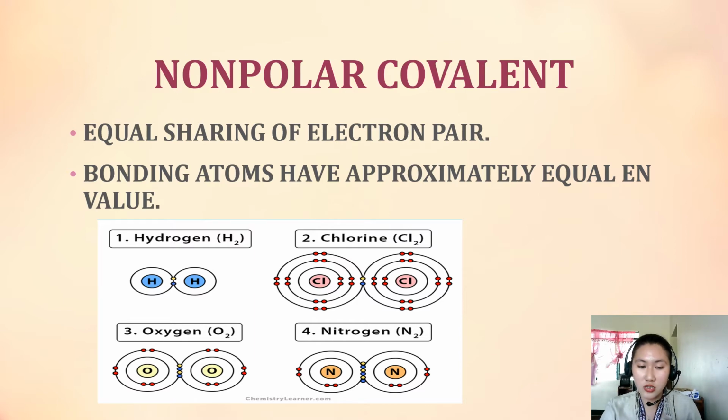O2 or oxygen 2, so two atoms of oxygen have the same or equal electronegativity value, and so as to nitrogen 2, which also has the same or equal electronegativity value. So that is the nonpolar covalent bond.